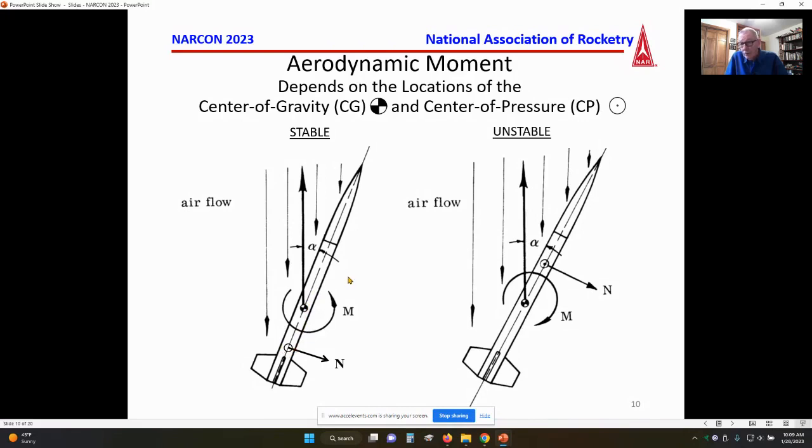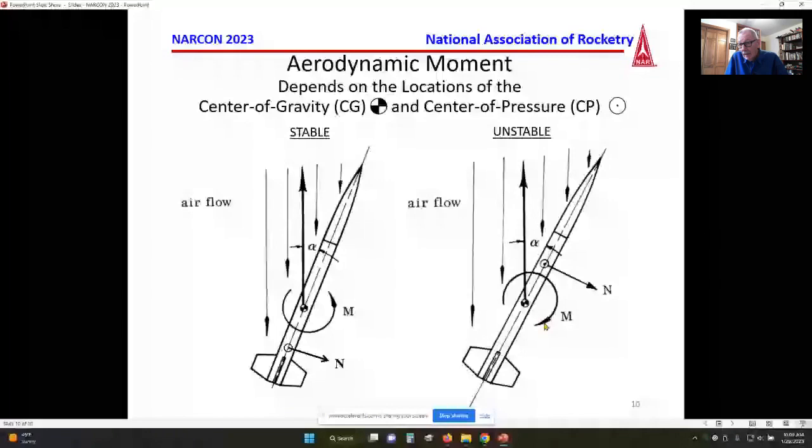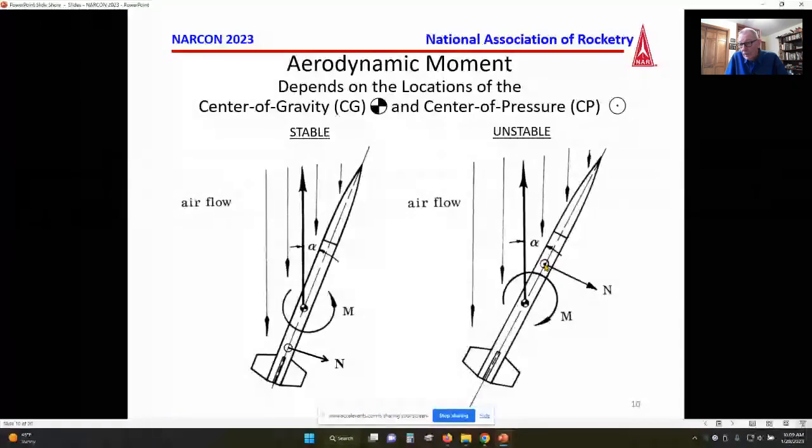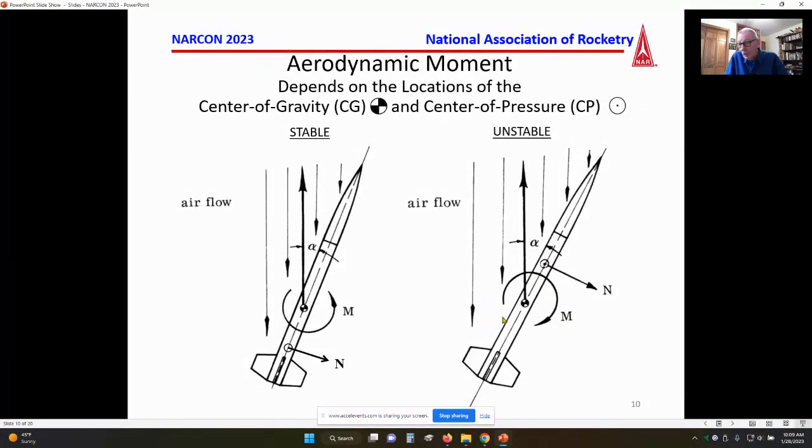And we've all heard that, but you now have some sense of why that is true. On the other hand, if it's unstable, the center of pressure is ahead of the center of gravity, and you can see that the normal force is in fact trying to rotate away from the airflow. That is definitely an unstable situation, and it's hard to predict where that rocket is going to go.